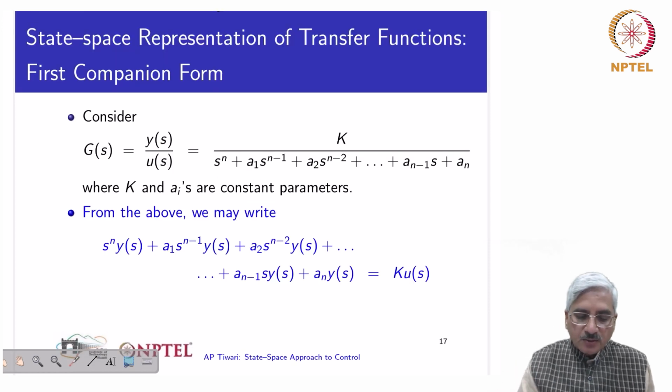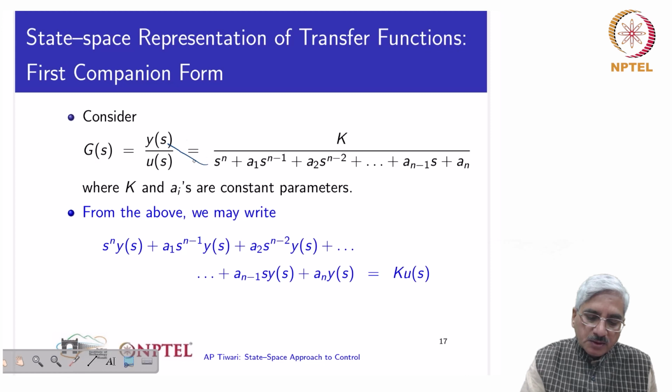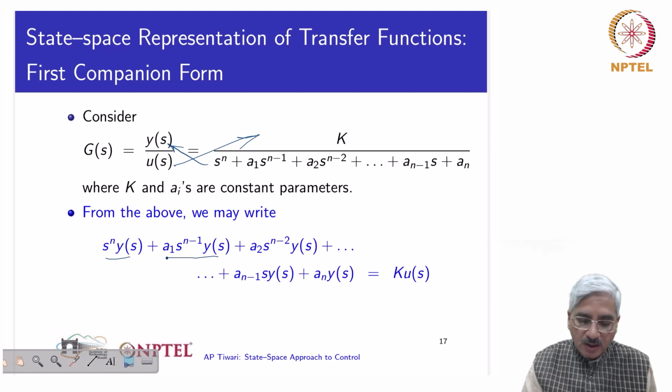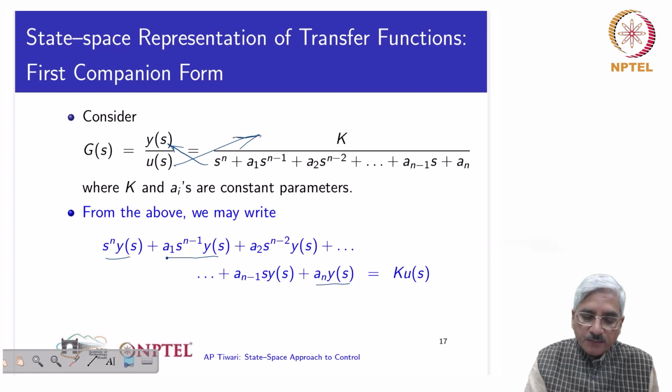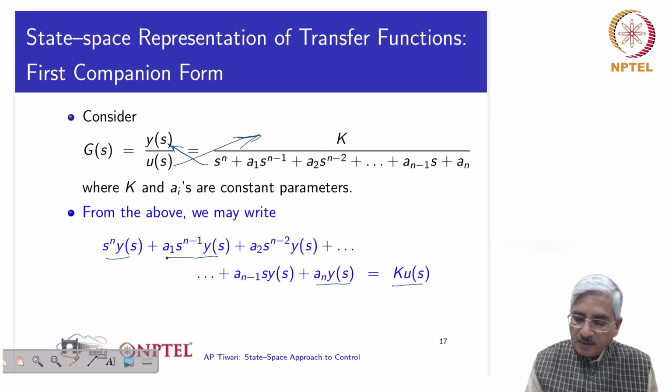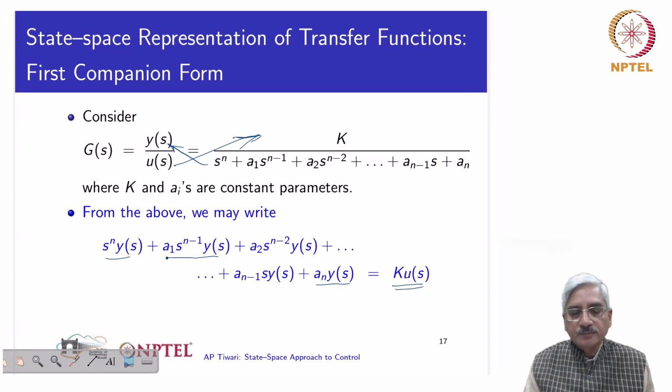So what we do is we cross multiply the terms. What we obtain by cross multiplication is s^n Y(s) plus a1 s^(n-1) Y(s) and so on up to an Y(s), equal to k times U(s).